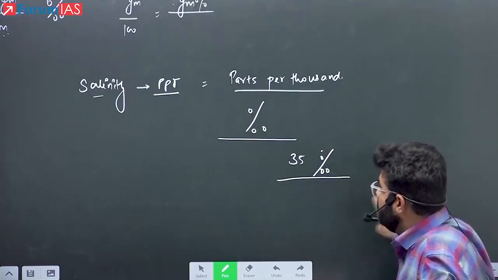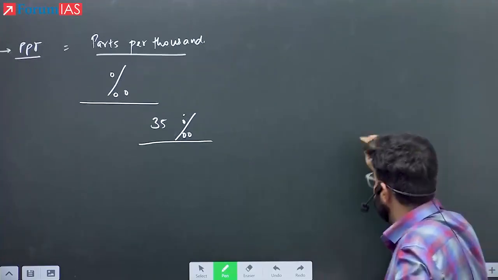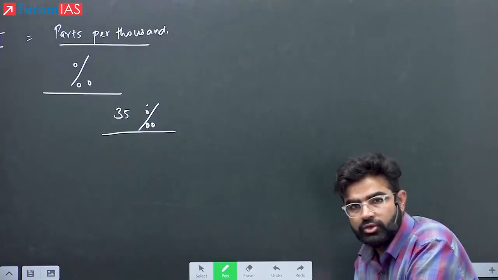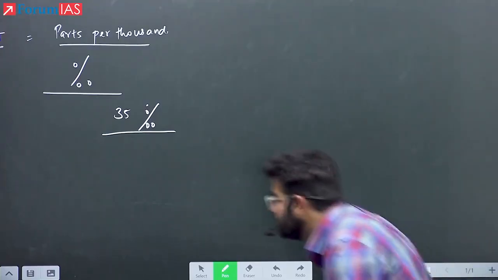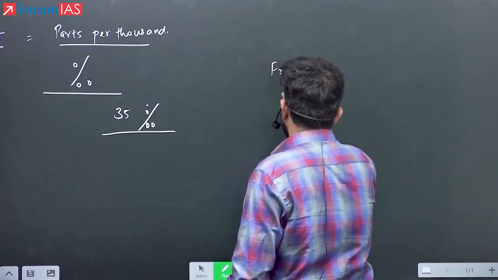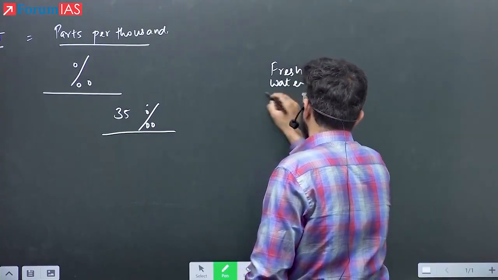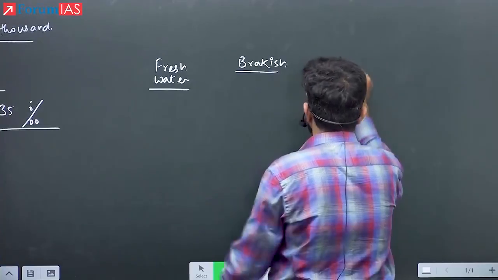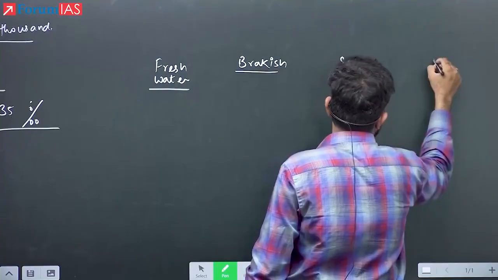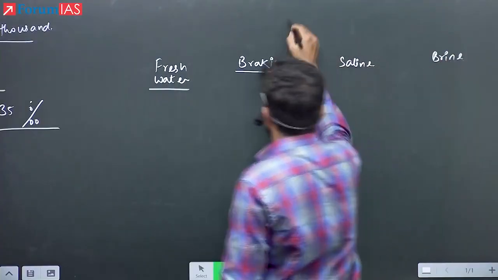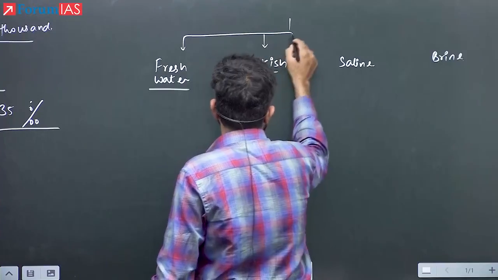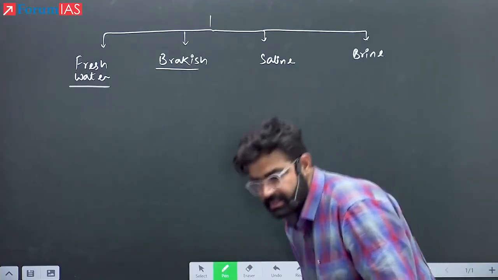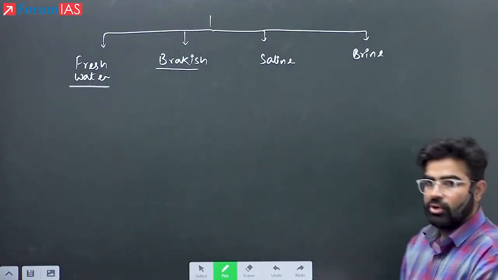Now, based on the salinity, write down the next line. Based on the salinity, water bodies can be divided into following: freshwater bodies, brackish water bodies, saline water bodies, and brine water bodies.